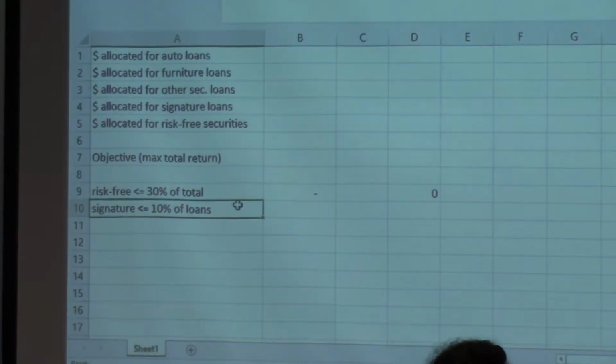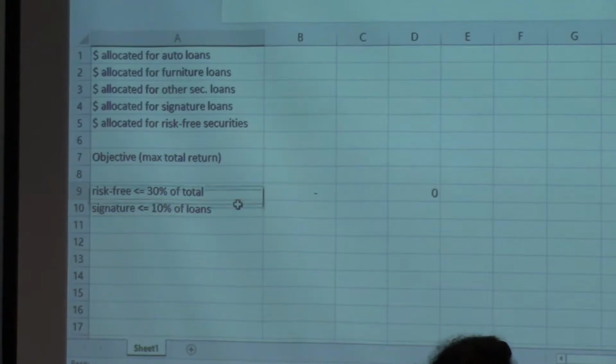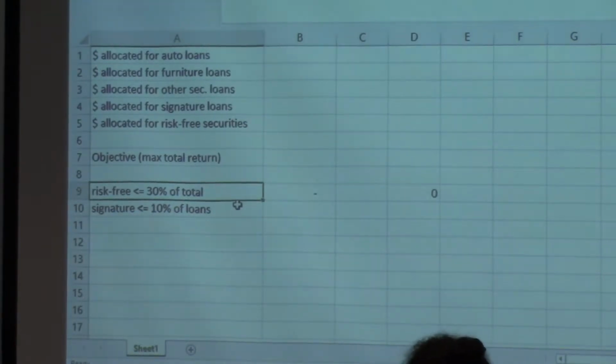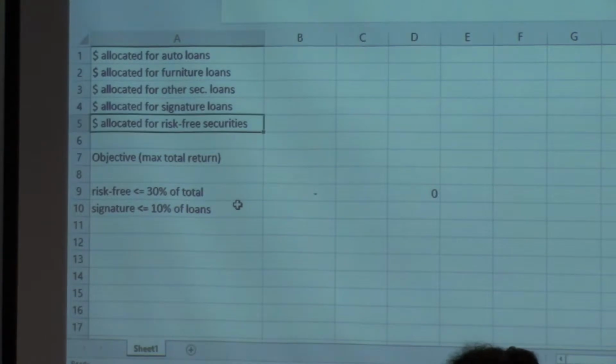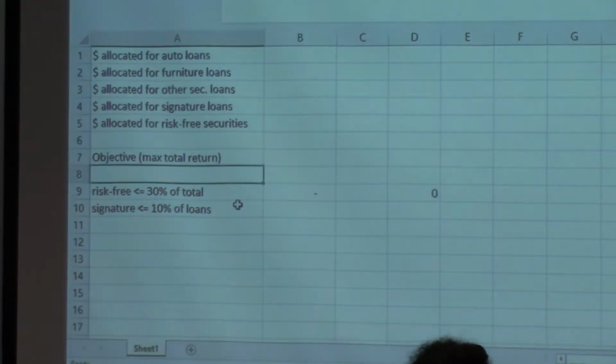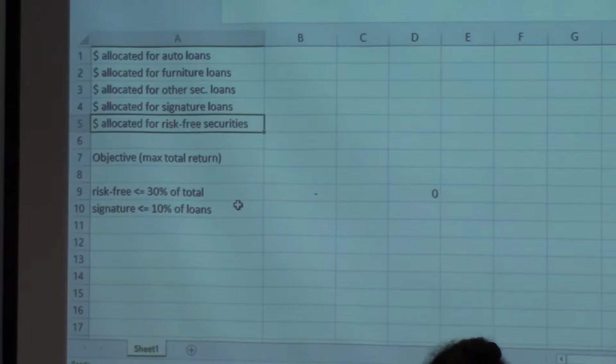How is that different from the previous one, other than obviously signature versus risk-free? It only includes loans and not the risk-free securities. Correct, these are not loans, so we don't include that. So we're computing 10% of these other four values. We don't include the risk-free securities in there.